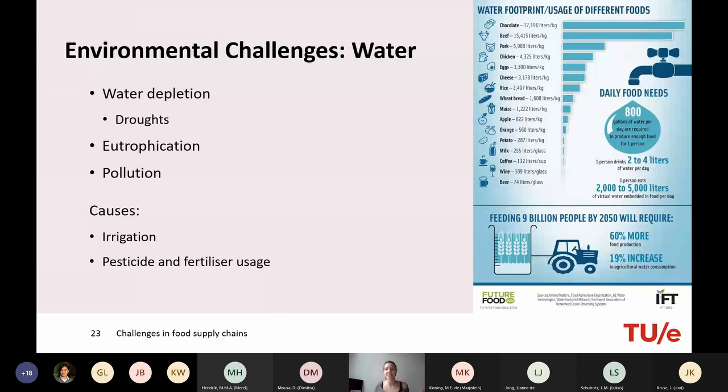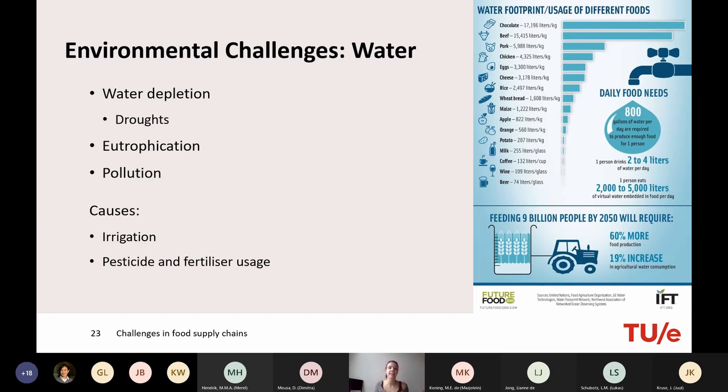Next challenge is water. So there's a lot of water depletion happening in the food system, which leads to droughts. In addition to this, there's eutrophication. So basically, we have too much fertilizer in our water, a lot of algae that's growing, and so on.